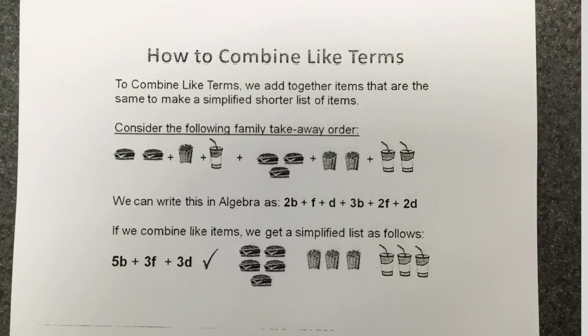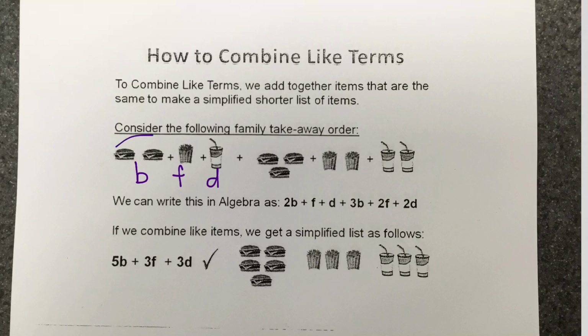Okay, consider the following family takeaway order. 2 hamburgers plus a fry plus a drink plus 3 hamburgers plus 2 fries plus 2 drinks. That is annoying for the people working at the drive-thru. So we can combine this. We're going to use B for burger, F for fries, and D for drink.